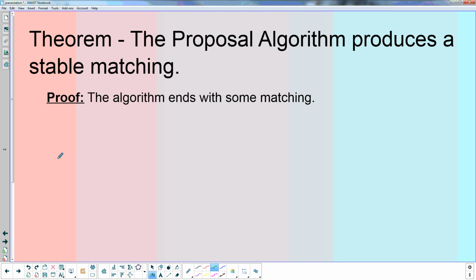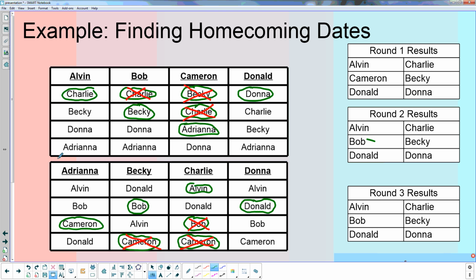And the proof goes as, first, just stating the fact that the algorithm is going to end at some point with some matching. And that's because, as we saw in those lists, mainly in terms of Cameron, because he got rejected the most, at every round of this algorithm, the length of Cameron's list diminished every single time.